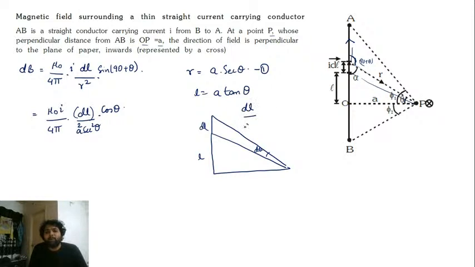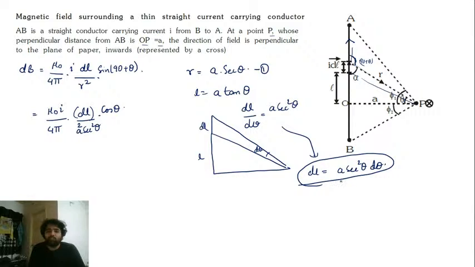So you can write dl by d theta will be equal to a secant square theta. So what will be the value of dl? dl will be equal to a secant square theta d theta. This is a very important derivation. You can use this here. dl is written as a secant square theta d theta.